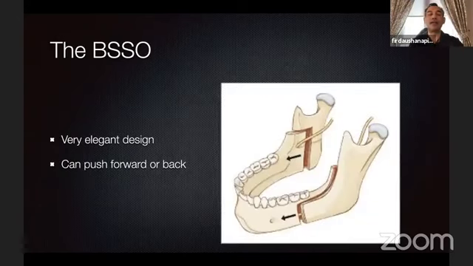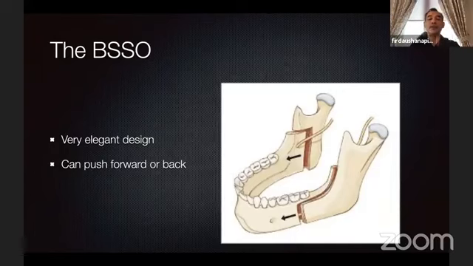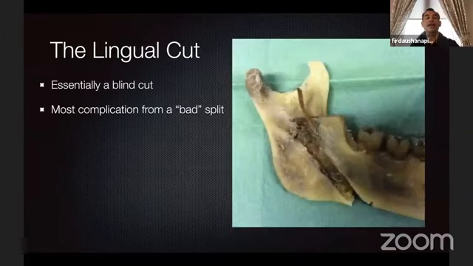Basically, it's a sliding envelope, very elegantly designed. Over the years, there have been design tweaks by people like Epker and Bell, and a few other fellows who have made quite a few tweaks on these cases. So we can either push it forward or push it back.